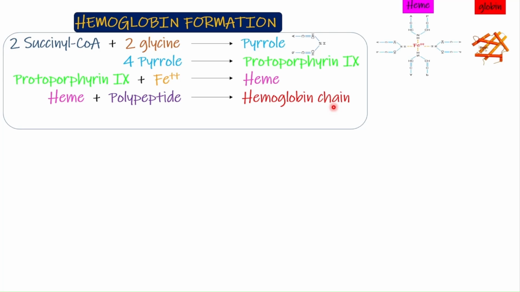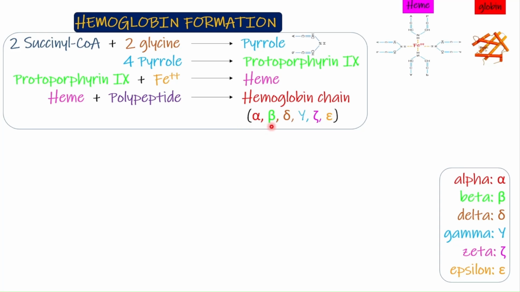So this is one hemoglobin chain. The hemoglobin chains are of many types: alpha, beta, delta, gamma, zeta, and epsilon. These are the different types of hemoglobin chain.